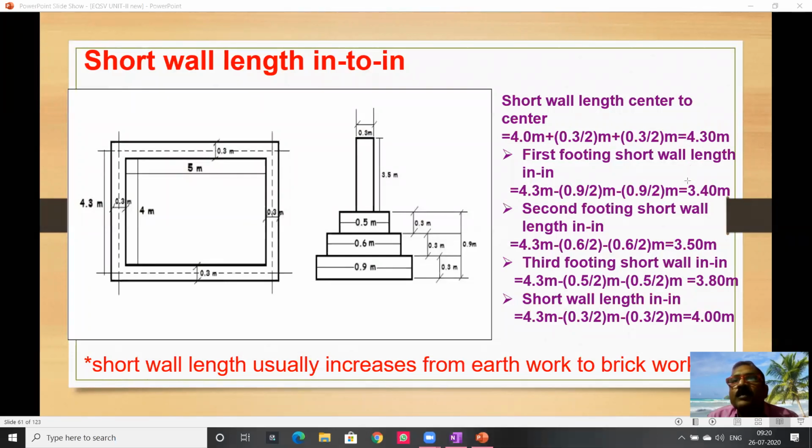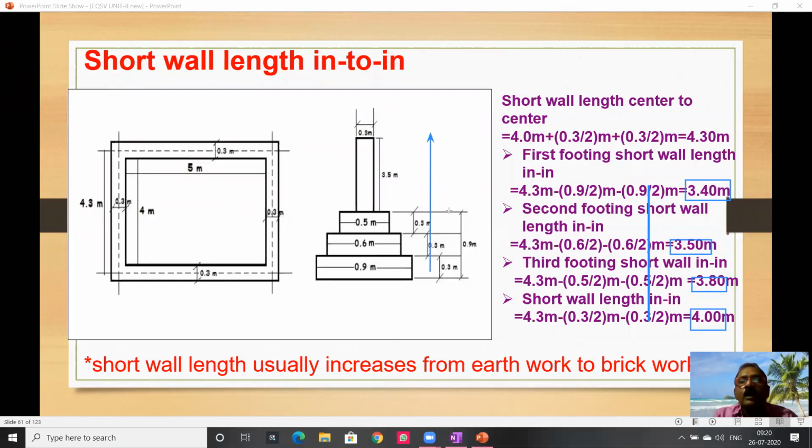First footing is 3.4 and second footing 3.5. Third footing is 3.8. Superstructure wall is 4. This is increasing. This is increasing. So as you are going from substructure to superstructure, this value increases.